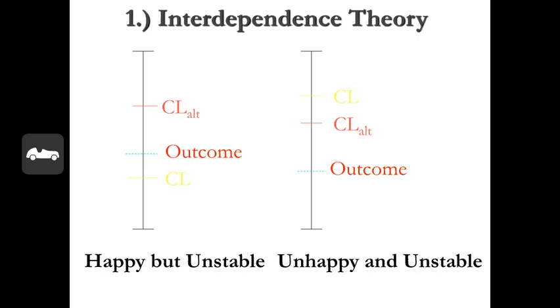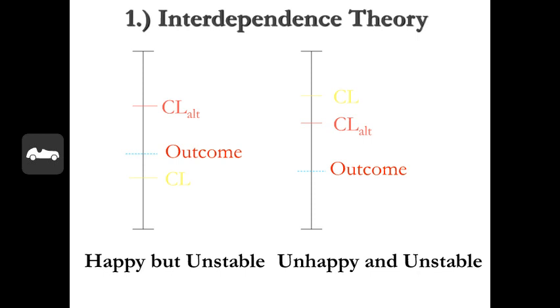This person would feel happy because the comparison level is still being exceeded with the outcomes. Your outcomes are better than your expectations, so you feel happy. However, this is one of those grass-is-greener situations, because it appears to this individual that their comparison level of alternatives, that somebody else could give them much higher outcomes than they're currently enjoying.